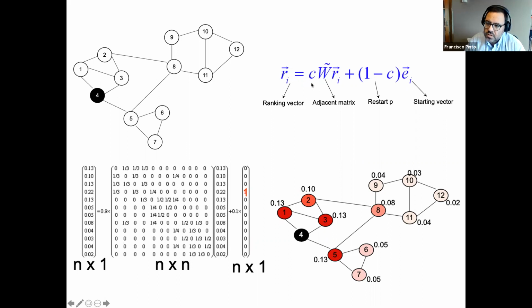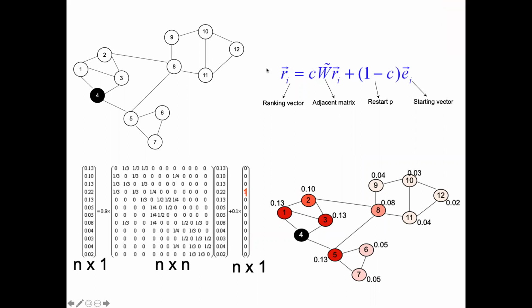With 1 minus the restart probability, in this case C, in the next time step you will have the distribution computed by the product of the present time distribution of the random walker position times the weighted adjacency matrix.